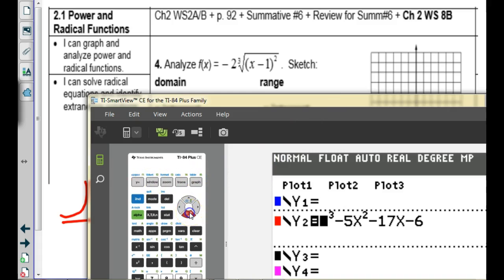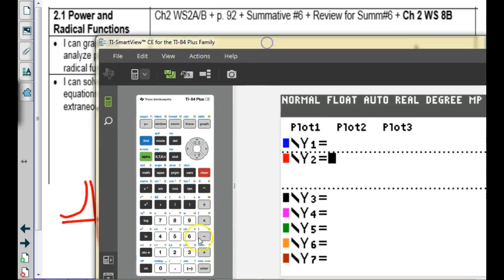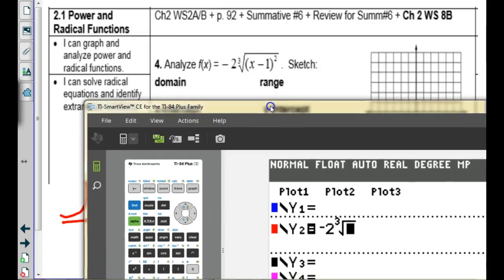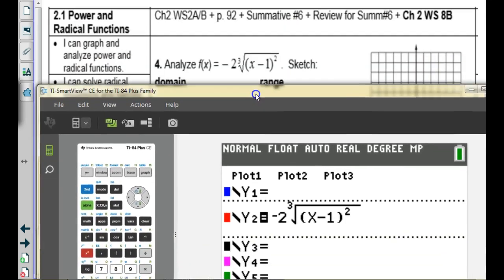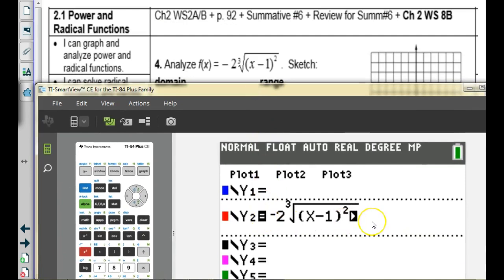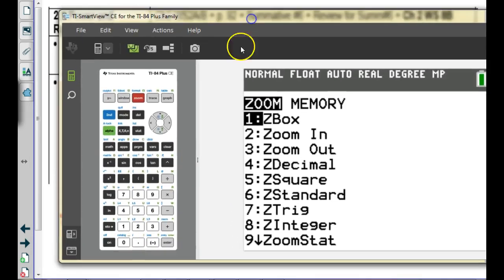But the way it's currently written, you would type -2, then go to math and pick cubed root, which is number 4, and then type the quantity x minus 1 squared. So it looks like that. I'm going to do a zoom 6.